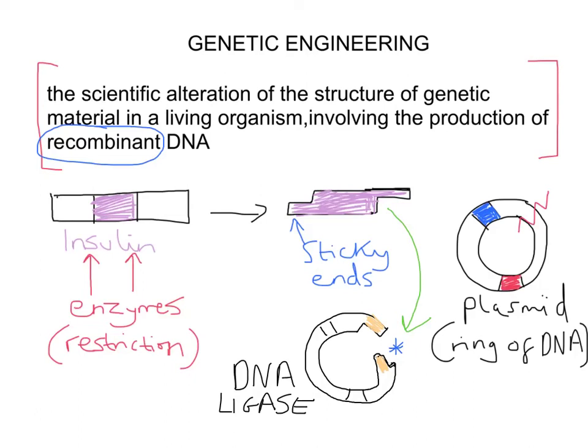It is a relatively expensive process, as you might guess, but more than that, there are a number of ethical and moral and social dilemmas associated with this. Some people view it as playing God.